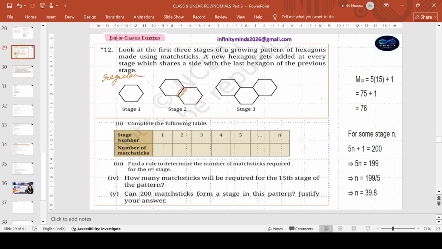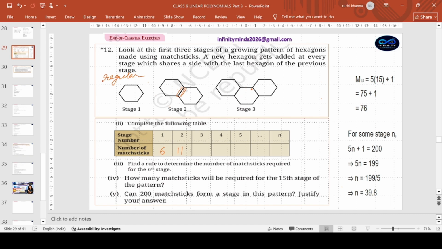5 are this side, 5 are this side, and the sixth side is getting common. 5, 5, 10, and 1 common, total of 11. So for making one such shape, matchsticks required are 6, but for making two, it isn't 12. Instead, it is 1 less than 12, that is 11. So similarly, now for making three such joint hexagons, the best way to count is it is an extension.